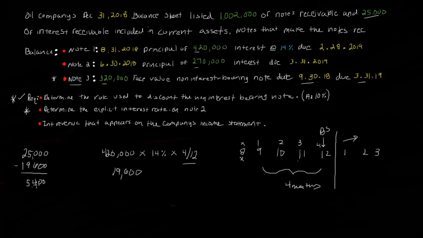And this is not your answer just yet. Like in the last problem, you're going to divide by 270,000. You will get 2% as your answer.